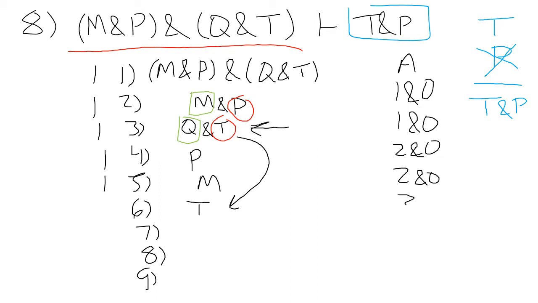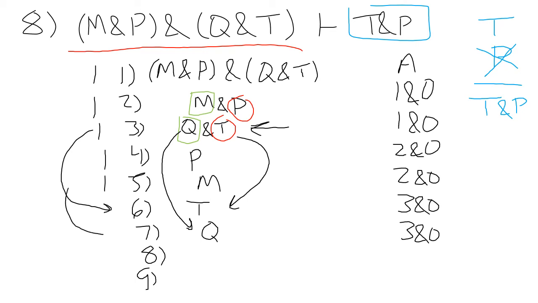I'm getting it from line 3, ampersand out. And I'm going to go ahead and write the Q by itself. I'm not going to need it, but I'll write it because I can. Cite the same rules as before. What premises are associated with line 3? Well, it's just the number 1, because there's only one premise in this sequence.